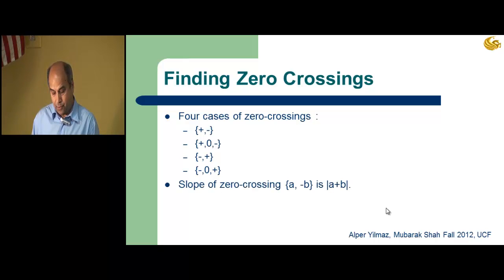Okay, the other thing is that we have to look at how strong this 0 crossing is, which reflects how much the change is. If the slope of the 0 crossing goes from A to minus B, then we have to look at the absolute difference between A and minus B. Suppose it goes from -2 to 2, so the difference is 4.